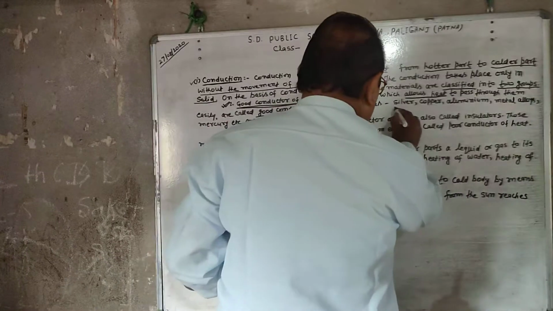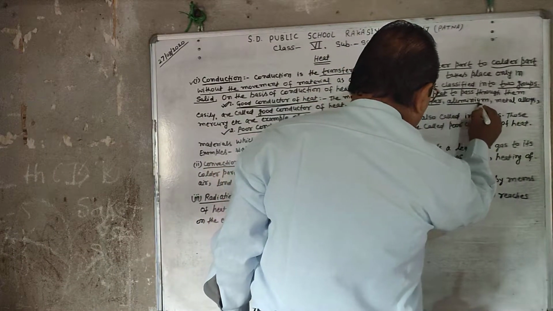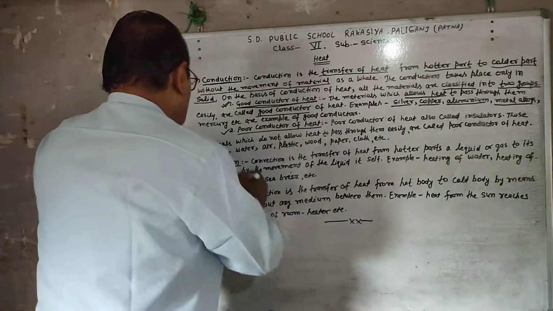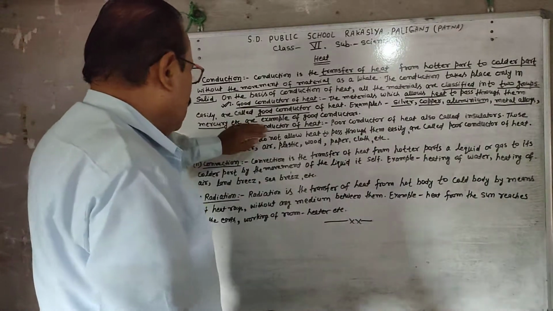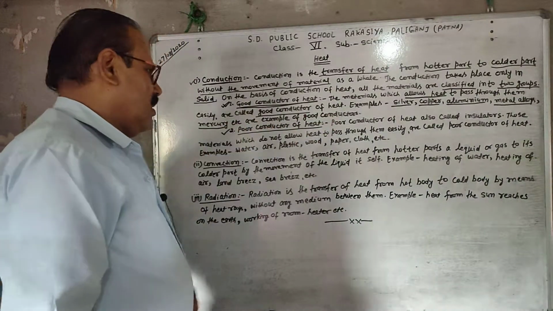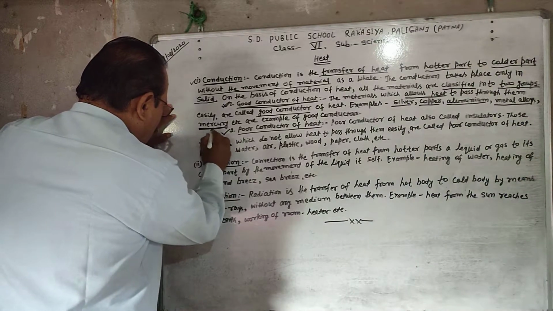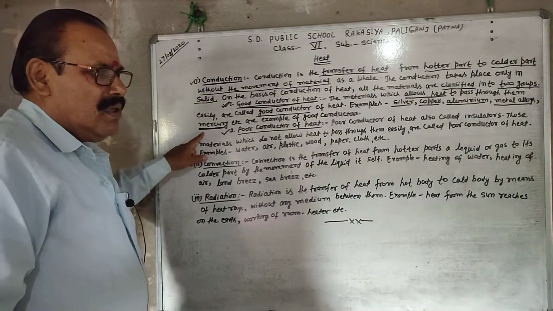Examples: silver, copper, aluminium, metal alloys, and mercury are examples of good conductors. Except mercury, all conductors are solid, but mercury is liquid.